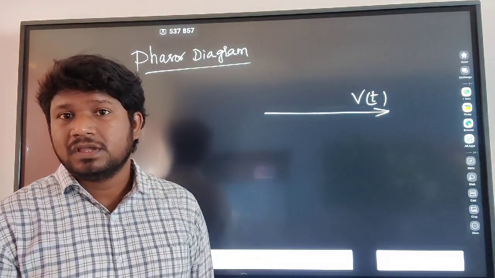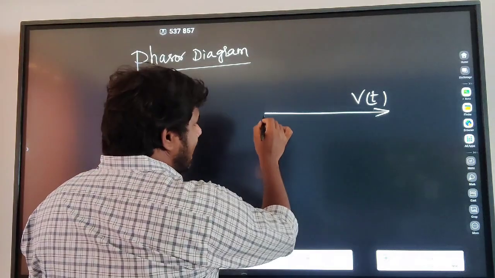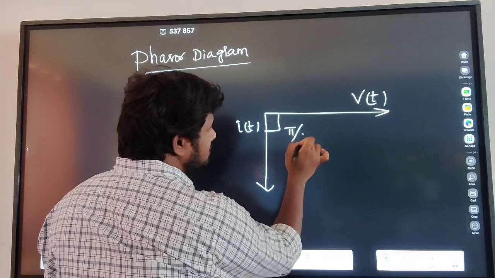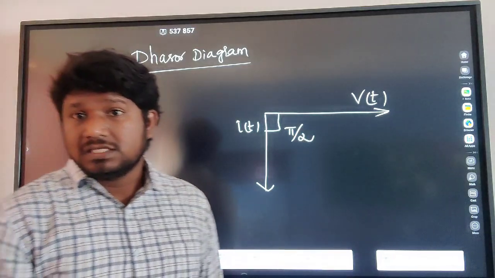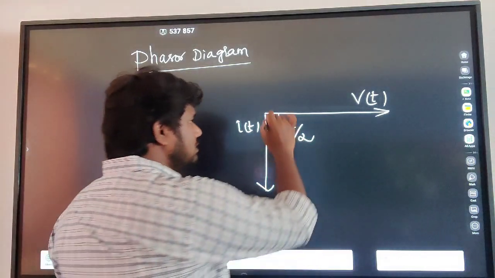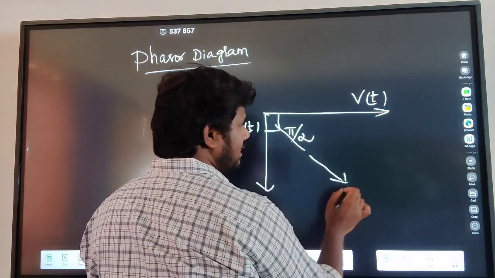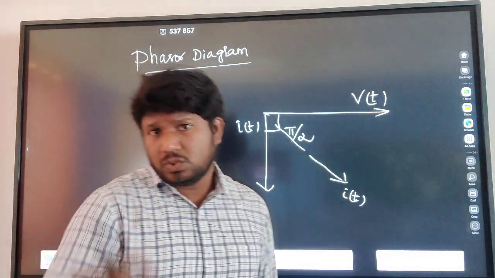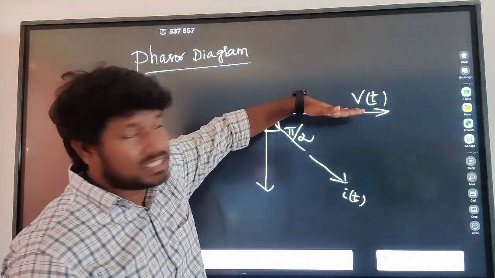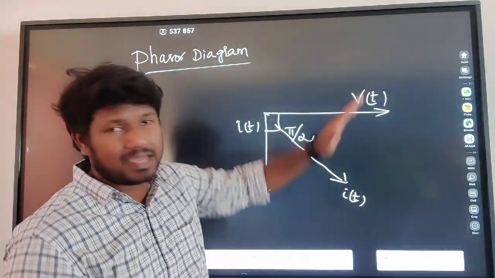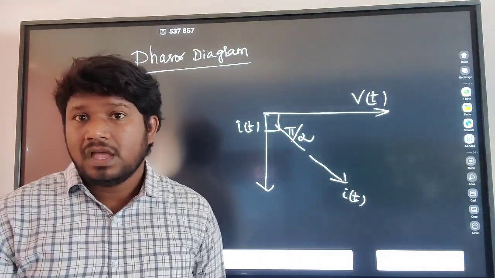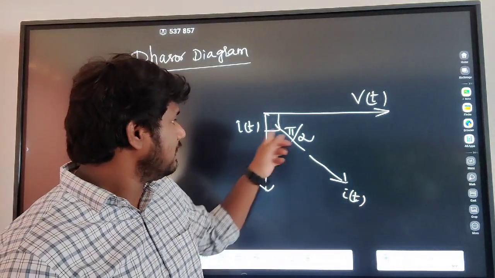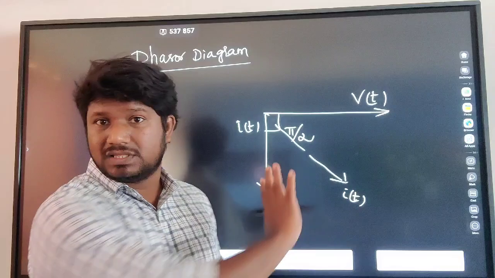Current is lagging voltage. Lagging by how much? 90 degrees. If it is simply lagging by some angle, you can draw it like this, with voltage as reference and current lagging by some angle. But if it is exactly 90 degrees, you can represent it perfectly with the vector diagram like this.